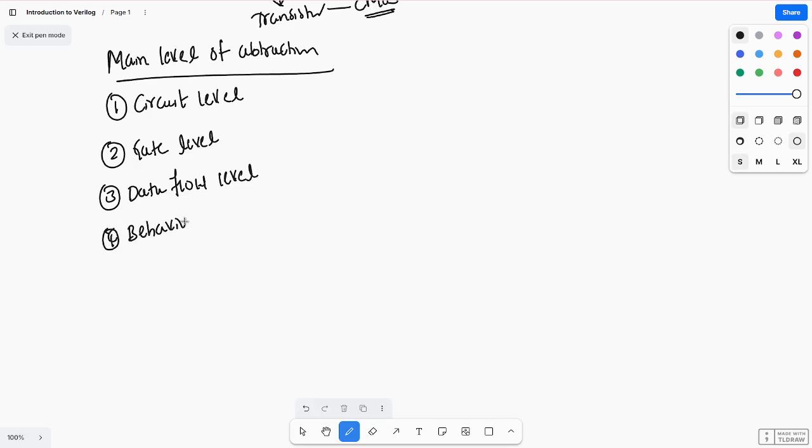Data flow and behavioral combined we call the RTL level. What is RTL? RTL is nothing but register transfer level.